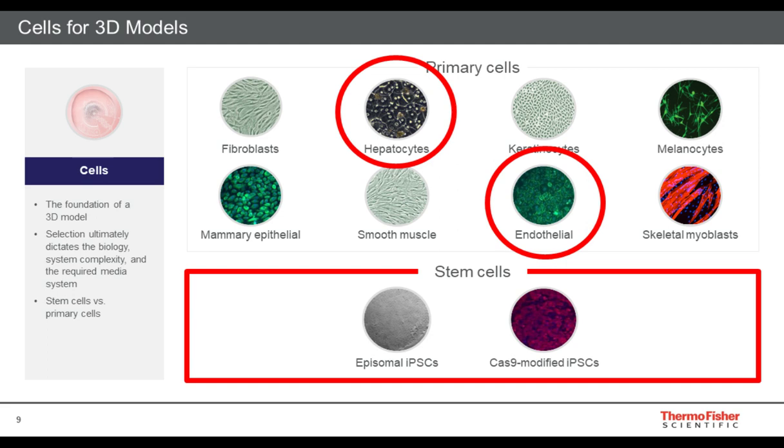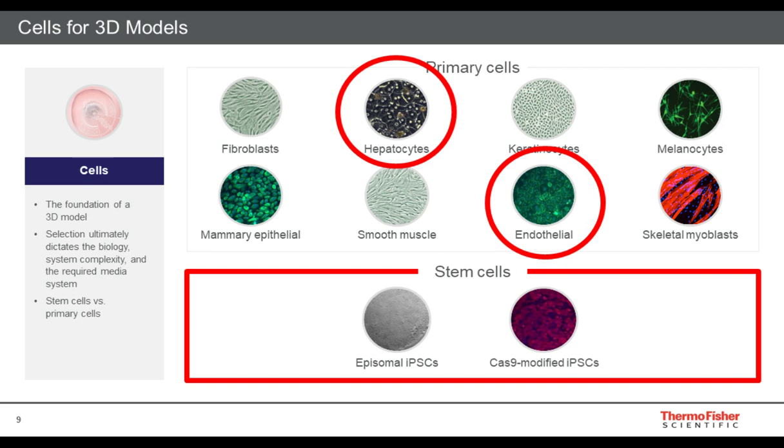But simply culturing hepatocytes in a spheroid culture immediately provides huge advantages to the longevity of this model, as has been shown by scientists at Thermo Fisher, as well as various other places, that hepatocyte spheroids can be cultured for many days and many weeks, allowing scientists to study other features of drug toxicity, low turnover compounds, and things that weren't easily achievable before 3D.